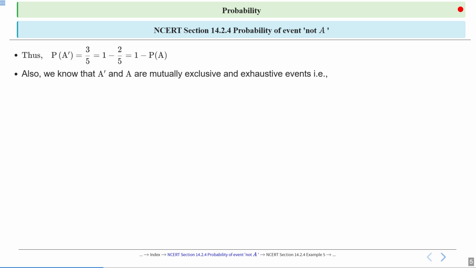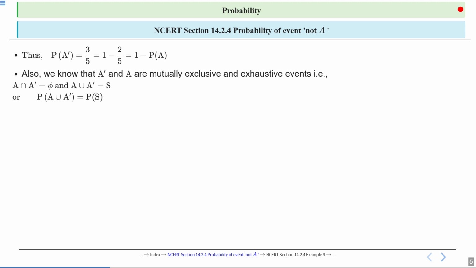So A complement and A are mutually exclusive and exhaustive events. That is, A intersection A complement is equal to the empty set, and A union A complement is equal to sample space S.